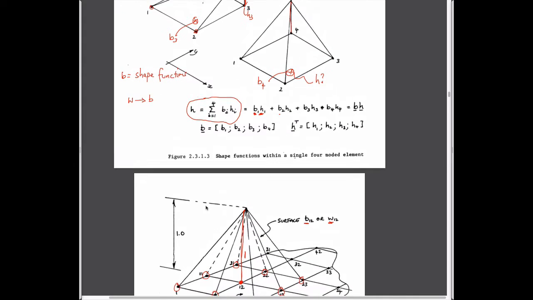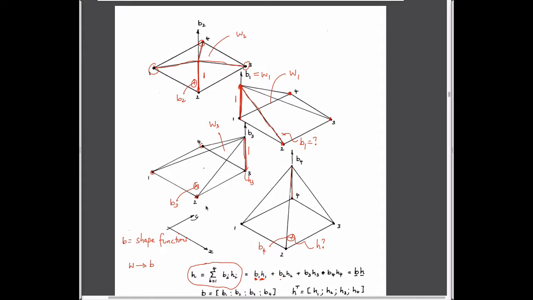And I guess the other thing is, it perhaps now is clear the fact that we choose a unit height of this function at this point. Obviously, if this point was equal to the point where you wanted to calculate h, then this function would be the value of h1 multiplied by the value of b1 at this point, which is 1. So h1 times 1 is h1, plus the value of h2 multiplied by the value of b2 at this point.